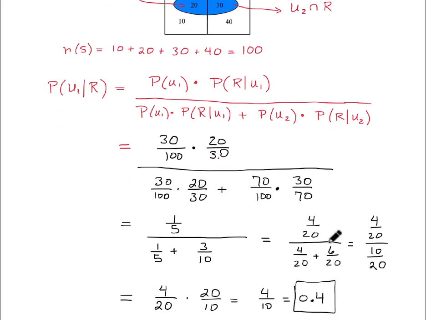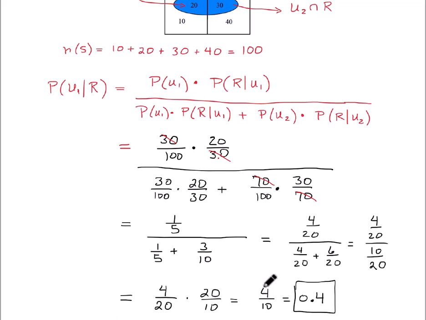And so we can reduce all that. So the 30s cancel. 20 out of 100 reduces to 1/5. These 70s cancel as well, and so I get 3/10.